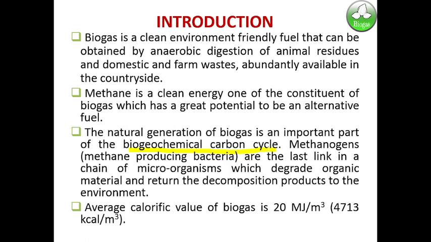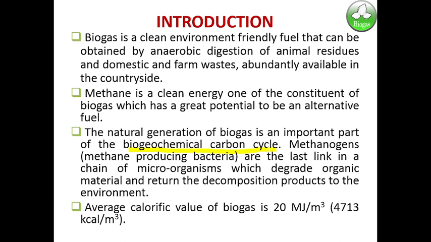Then this is also an important question. Methane is the major part of biogas, so what other gases may be present? What is the composition? Biogas is 40 to 70% methane, then carbon dioxide is 25 to 55%, and other gases include around 2 to 7%, like nitrogen, hydrogen, and hydrogen sulfide.